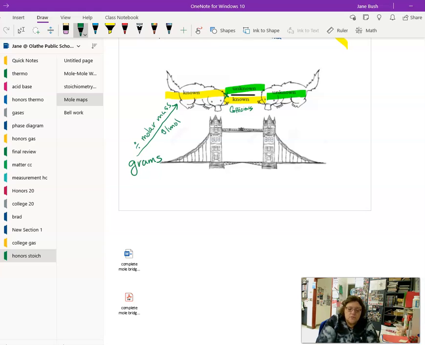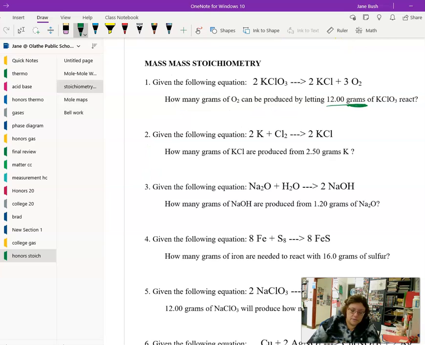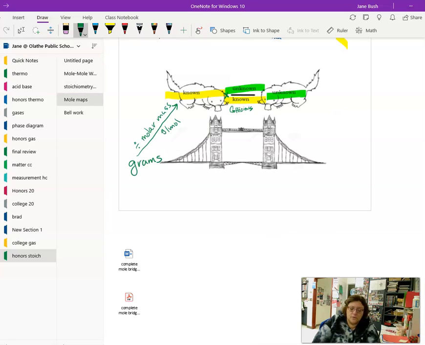So we're going to change from grams to moles. Now, in this assignment, it's asking us to find grams of oxygen. So once we get over the bridge, we're going to need to change back to grams. We have to get off the bridge because grams are not allowed on the bridge, and we have to change back.